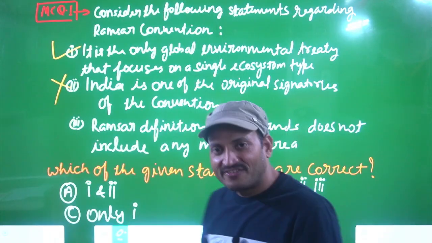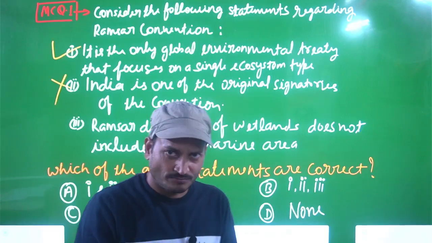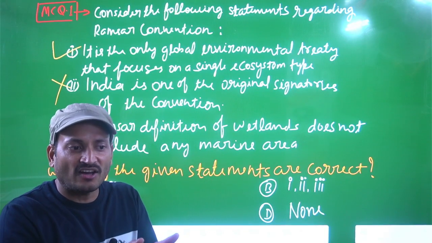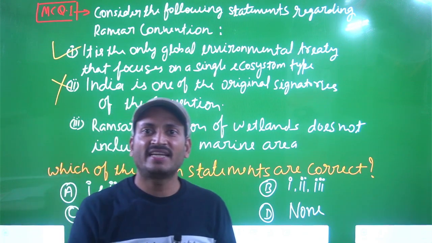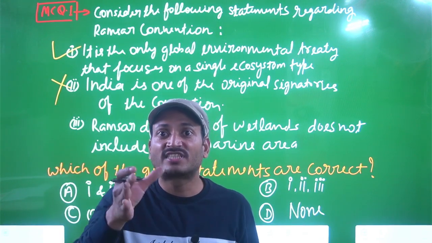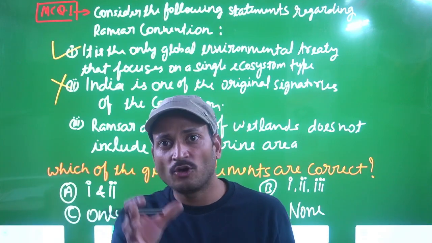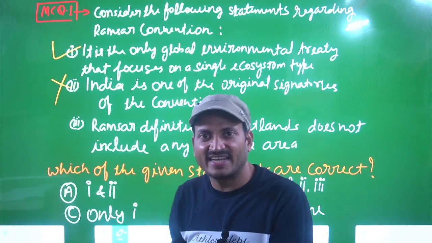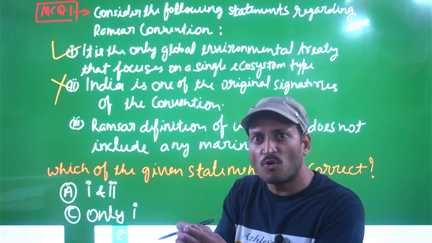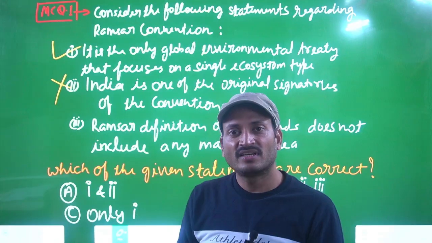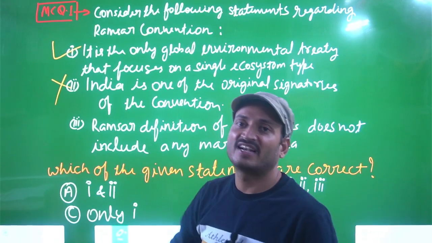My friends, when we talk about wetlands, marine areas that are up to 6 meters deep at low tide, meaning not more than 6 meters deep, that marine area can also be included in the definition of wetlands.